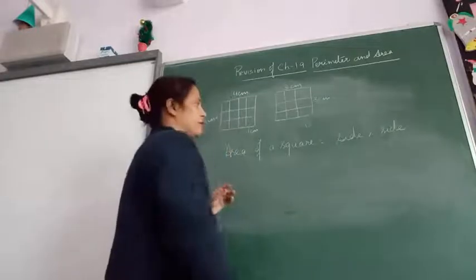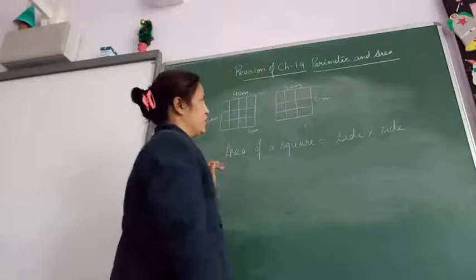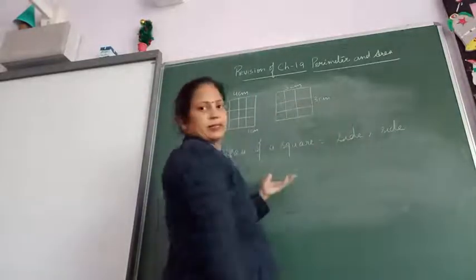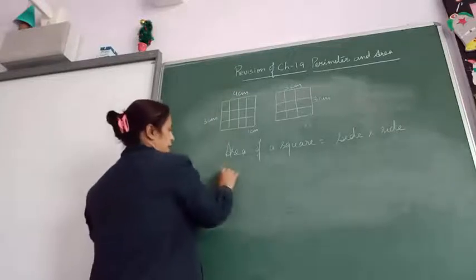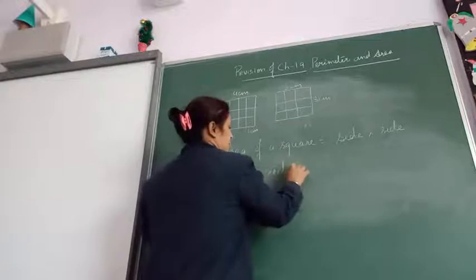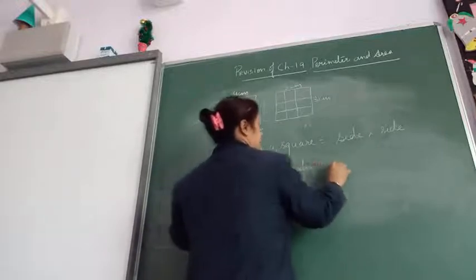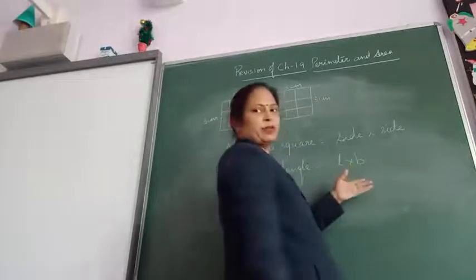If, suppose, here also you can see this is a square in shape, so it is 3 into 3, that is 9 centimeter square. So the area of a square has this formula, and the area of a rectangle is length into breadth. L for length and B for breadth.